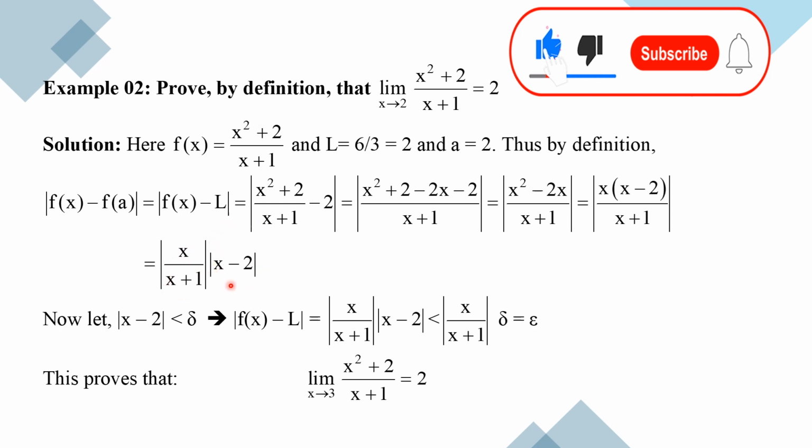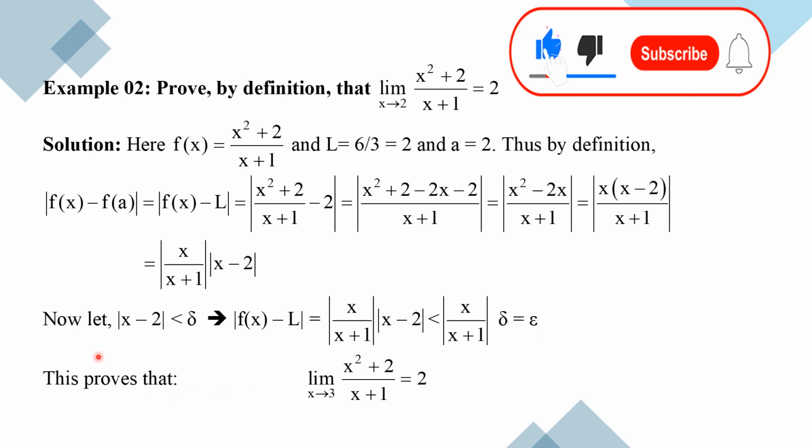What about this quantity x − 2? In fact |x − 2| is less than delta, and delta depends on epsilon. It is also a positive quantity. So applying that equation, |f(x) − L| = x/(x + 1) times |x − 2|, and if |x − 2| < delta, then this is less than the value epsilon.